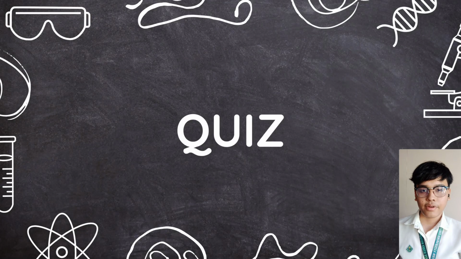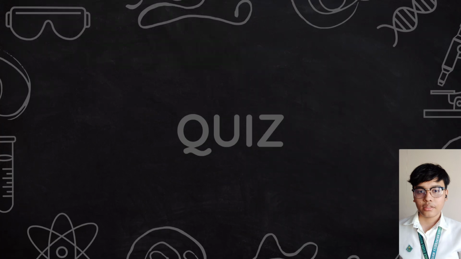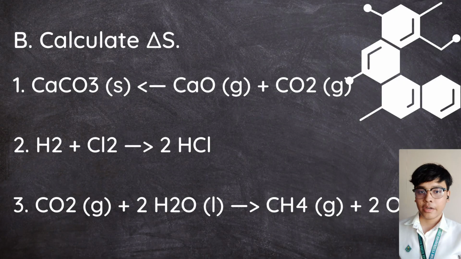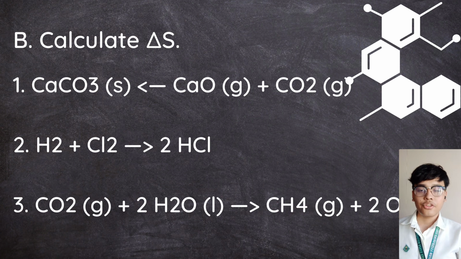Now, for the last part of this video lesson, we have the quiz. It has two parts. Part A, predicting the signs of entropy. So you're just gonna have to figure out if the entropy will increase, decrease, or stay the same. Part B, calculating the value of entropy change.